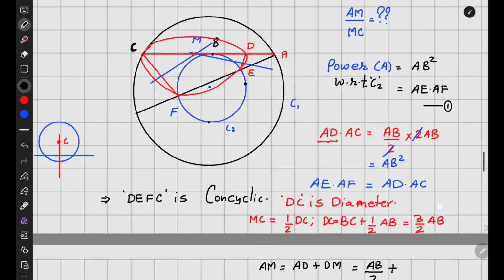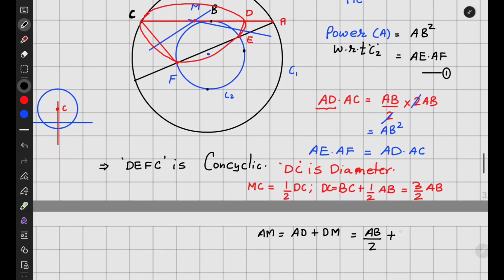What about DM? DM is DC by 2, and DC is going to be 3 by 2 AB, right?